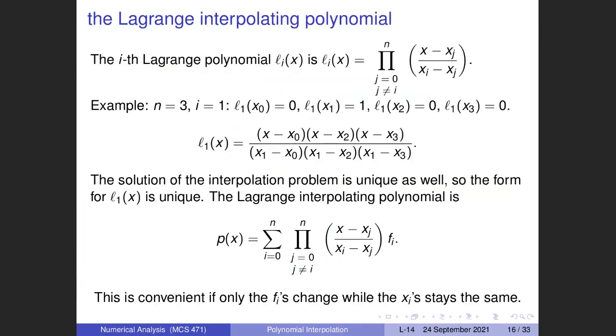Here is an example. I have the general formula of the Lagrange interpolating polynomial, and we evaluate the interpolating polynomial at 4 points. So we have the Lagrange polynomial L1. Actually, this is the second Lagrange polynomial. Here you see its shape. And you can verify that if you evaluate the Lagrange polynomial, it will satisfy these conditions.